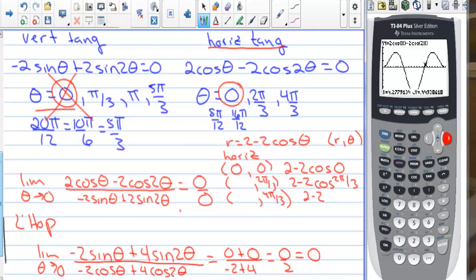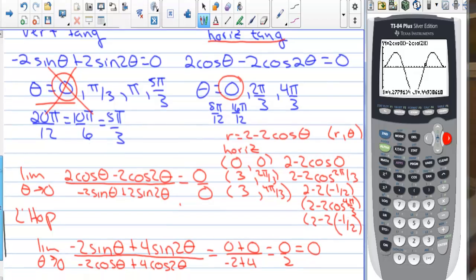We have 2 minus 2 times negative 1/2. That's actually 2 plus 1. That's 3. And then we have 2 minus 2 cosine of 4 pi over 3. And the cosine of 4 pi over 3 is negative 1/2, so that's again 2 plus 1. That's 3 also. So there's 3 points that we're looking for. That's the horizontal. I'm kind of running out of room here, but we'll make do.